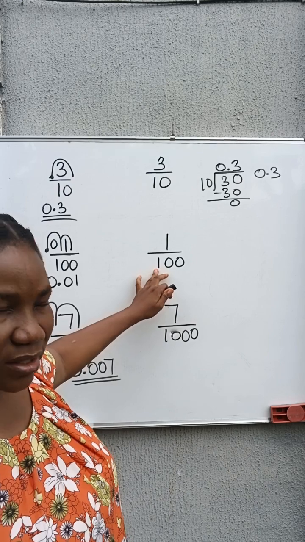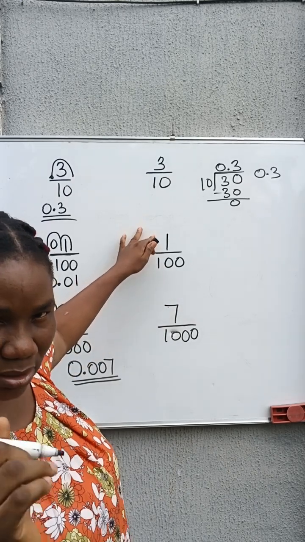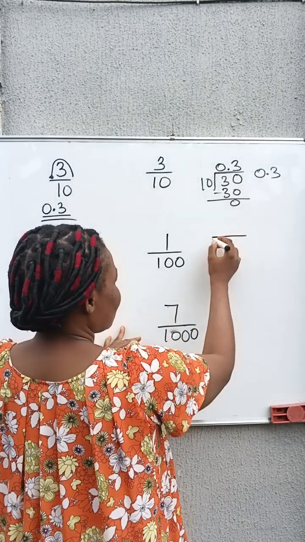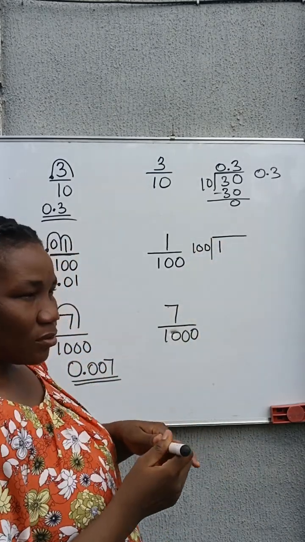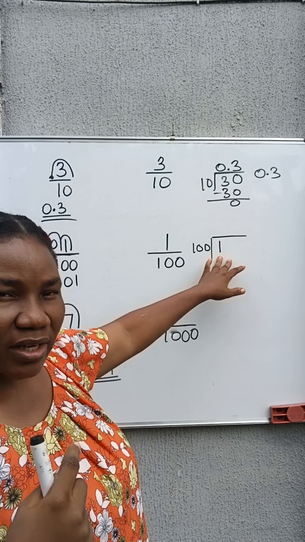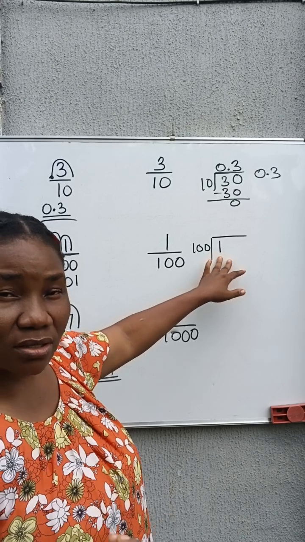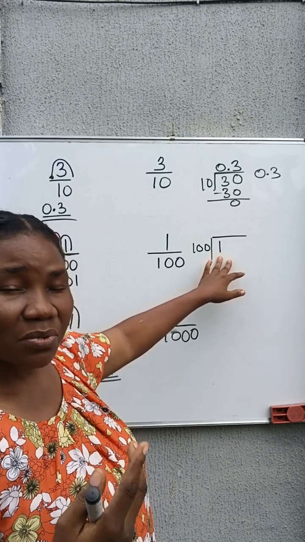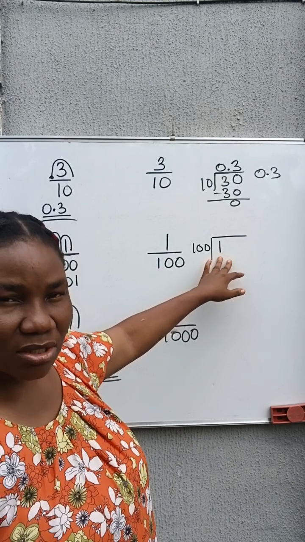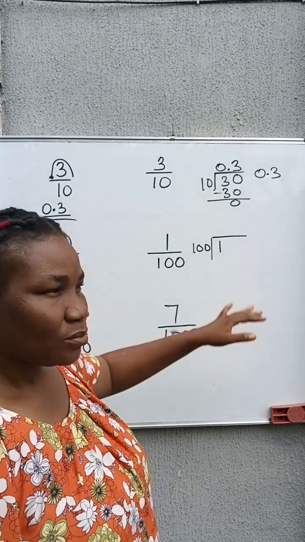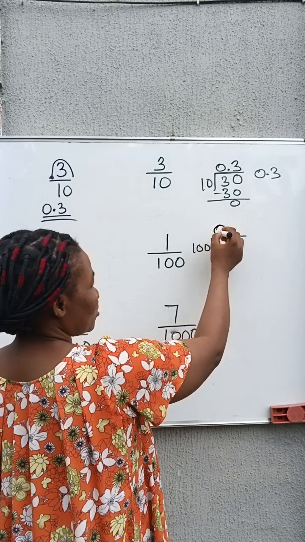Now let's look at the second one. 100 is the divisor, while 1 is the dividend. So let's arrange it. 100, 1. Now 1 will be divided by 100. Is it possible? That is, 100 persons will divide 1, or we share one item. Is it possible? No. So we do 0 point.